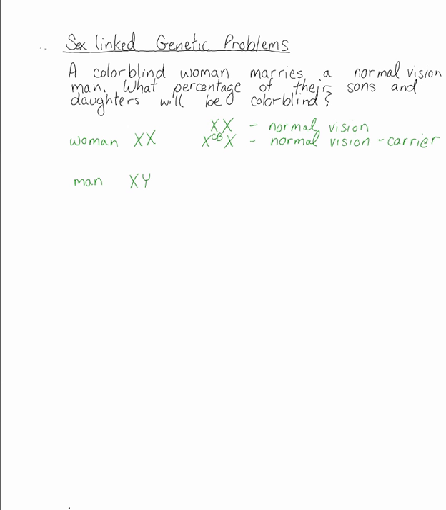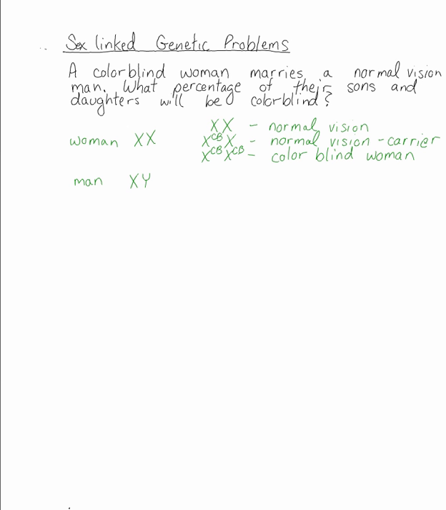Okay, the third type of woman we can have is one where both X's are carrying the colorblind gene. Now in this case, you're going to have a colorblind woman. Okay, but she has to have both of those copies in order to be colorblind.